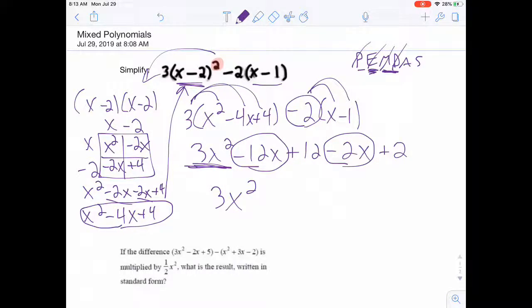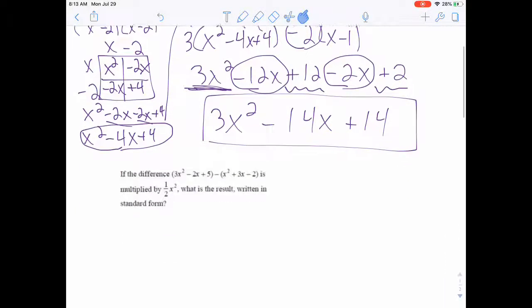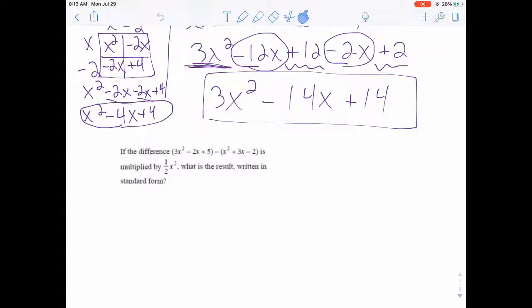When I combine those, negative 12 plus negative 2 is negative 14x. And then positive 12 and positive 2, my two constants, plus 14, giving me a final of 3x² - 14x + 14.